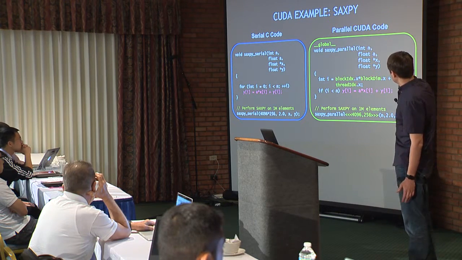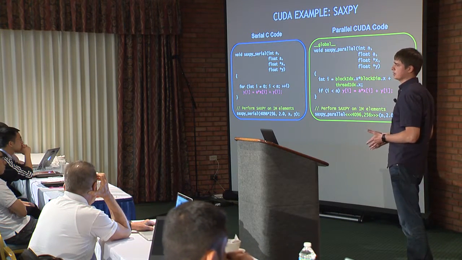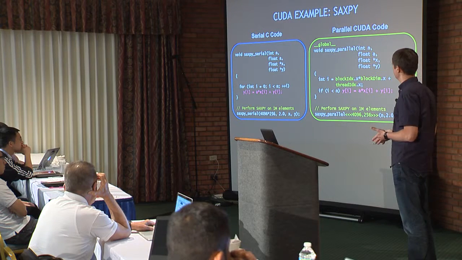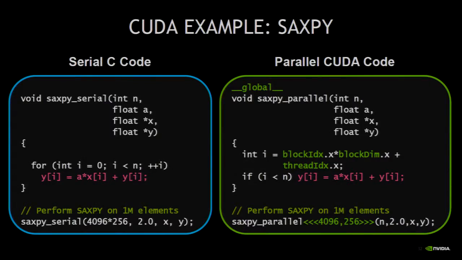Again, this SAXPY function, we call it parallel. To tell the compiler this is a parallel function that needs to be executed on the GPU, you provide the qualifier __global__, and then this function will be executed on the GPU.